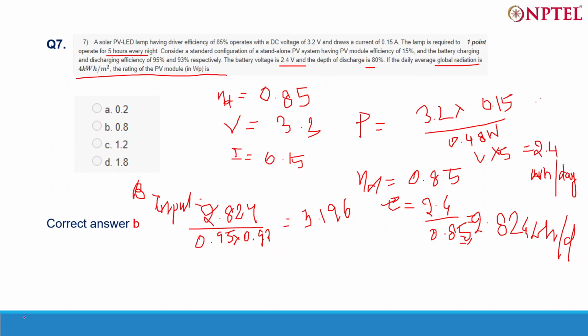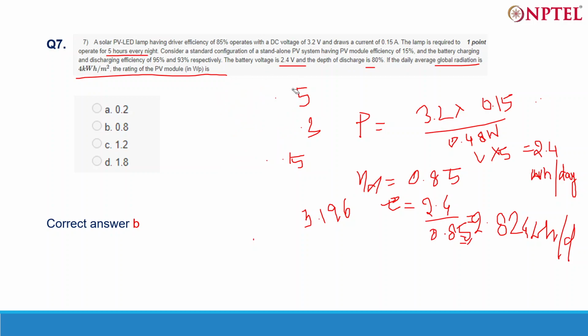How do we know that we have 4 hours of sunlight? I will keep this value here only, the rest I will remove. So we have 4 kilowatt hour per meter square, that is equivalent to 1 kilowatt into 4 hours per day.